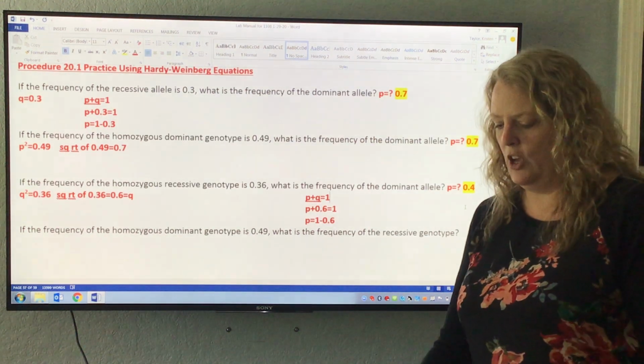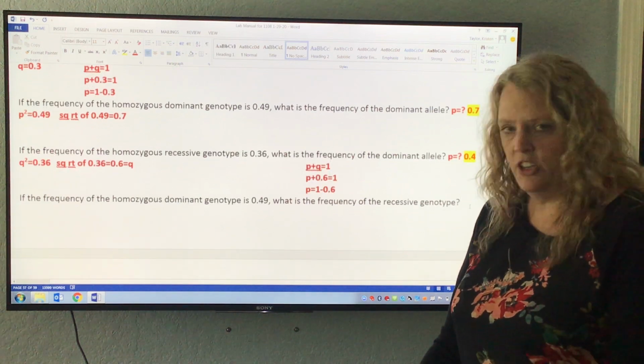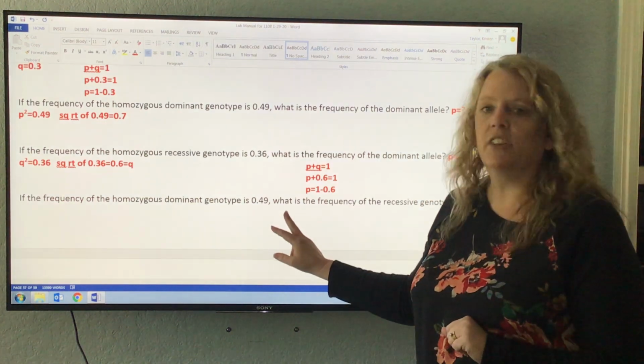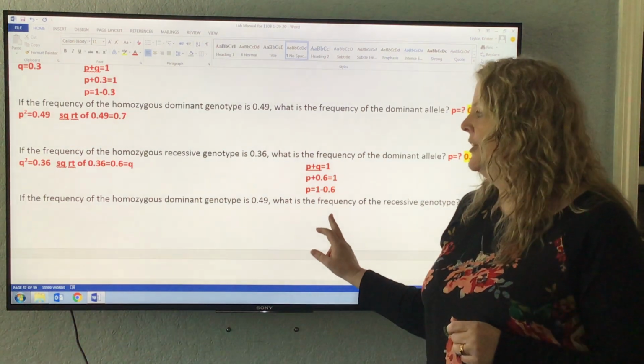If you understand what's going on, I want you to take the next minute or two and try to solve this one when you stop.